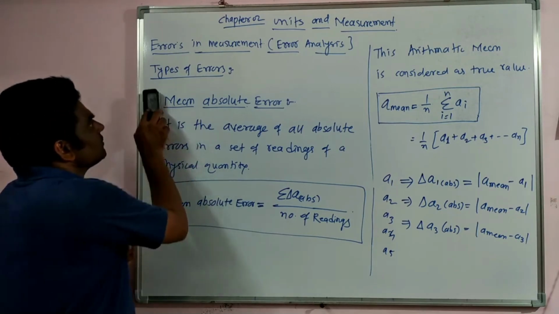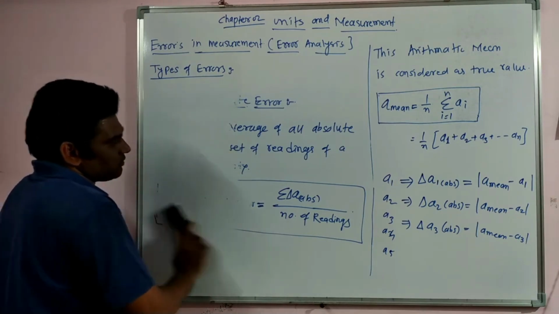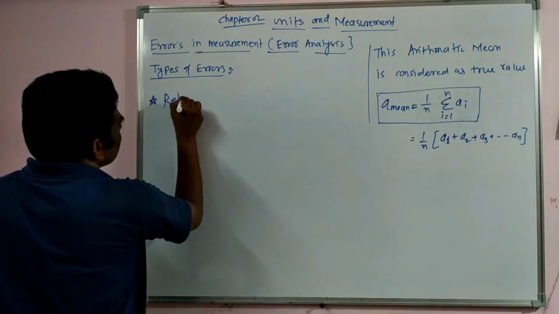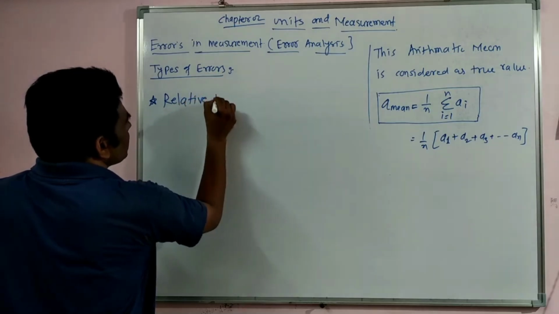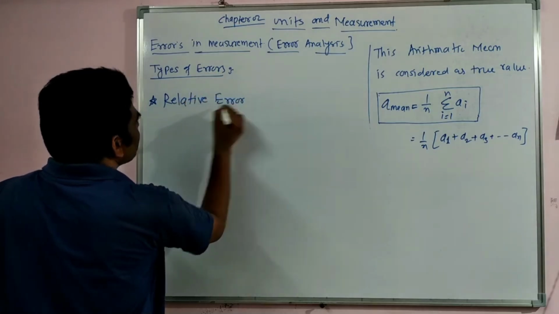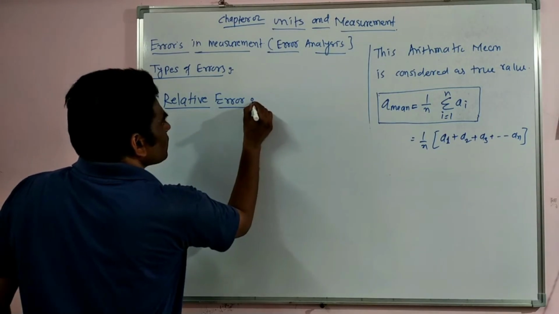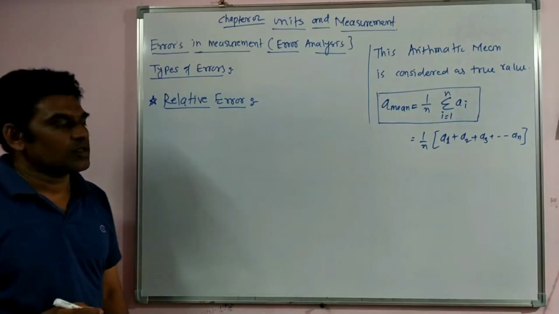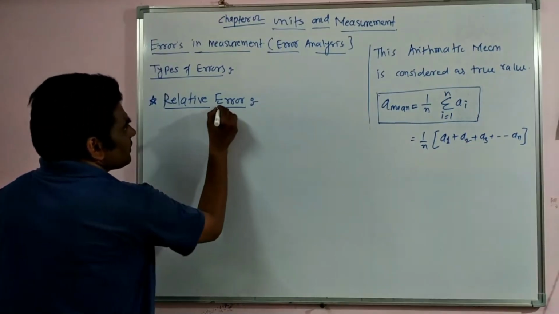Can I erase this? Relative error. So what is relative error?